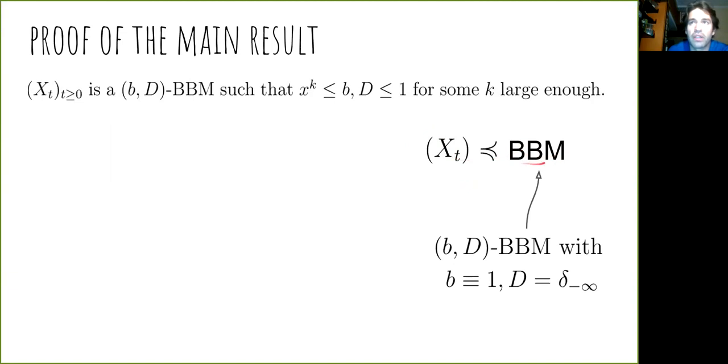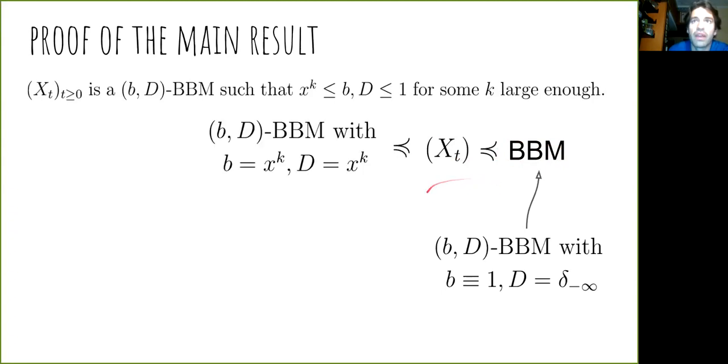And we know that the asymptotic velocity of the standard BBM is square root of 2. Also using the domination result and due to our hypothesis here, we can bound this model from below by this BD-BBM with this particular B and D.